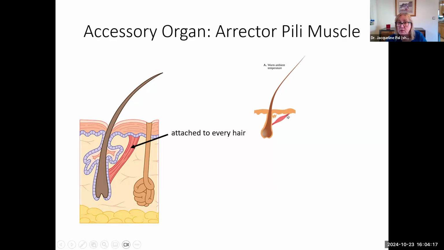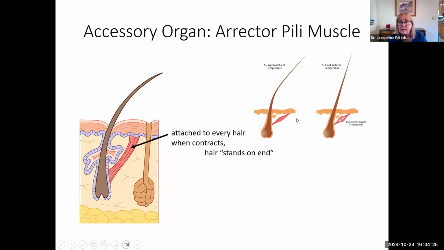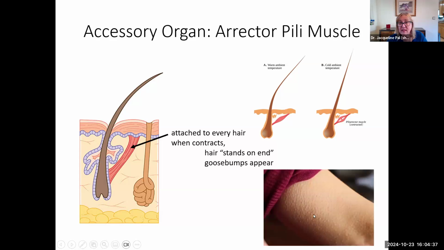But when you are cold, the arrector pili muscle will contract. And when this muscle contracts, that makes your hair stand on end. And this contraction pulls on the lower part of your epidermis, and that gives you goosebumps. So every time you see goosebumps now, you need to be thinking your arrector pili muscles have contracted. So know the name of this muscle.